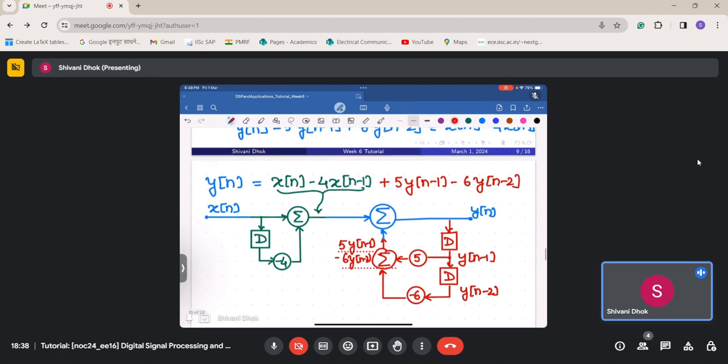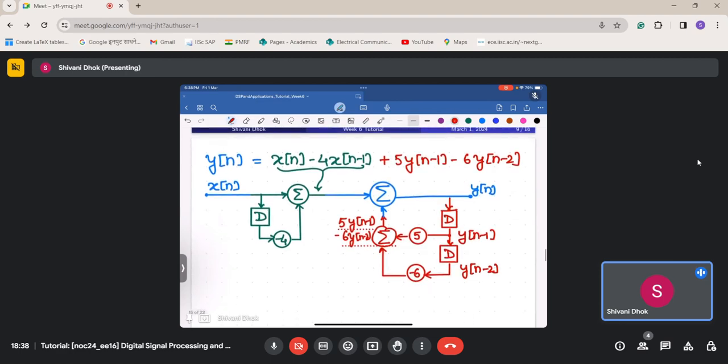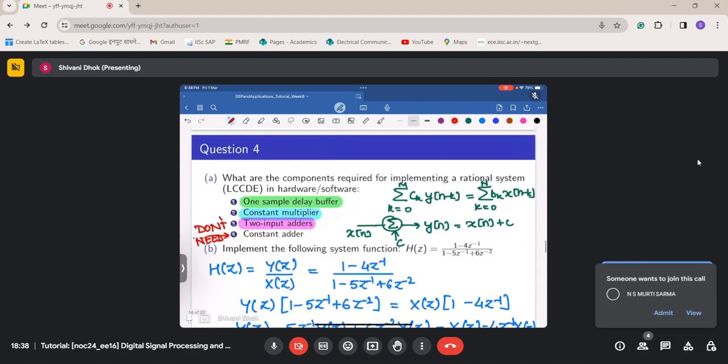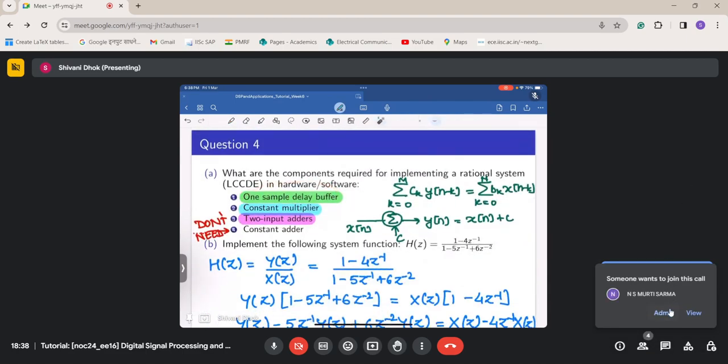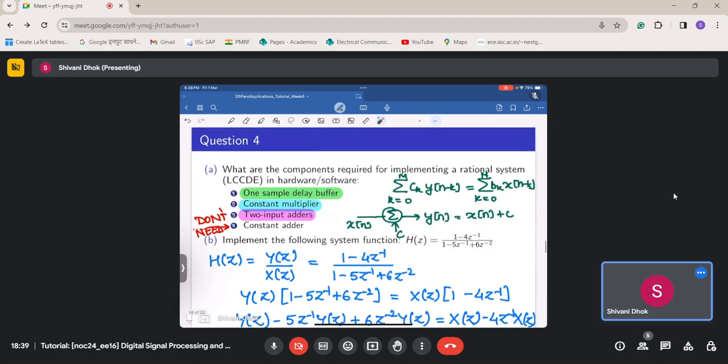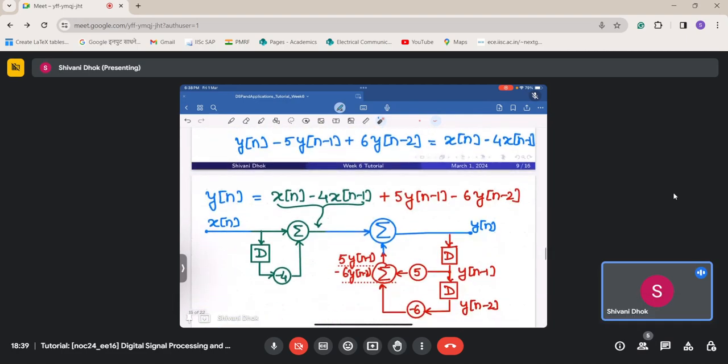We'll spend a lot of classes towards the end of this course in understanding the ways to realize this system. I just took this particular question to show how these three components are used in order to realize a rational function. Any questions?